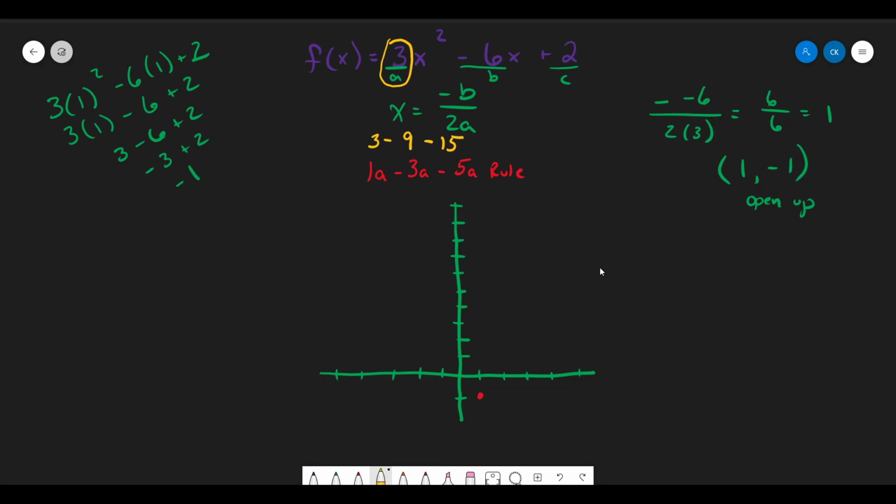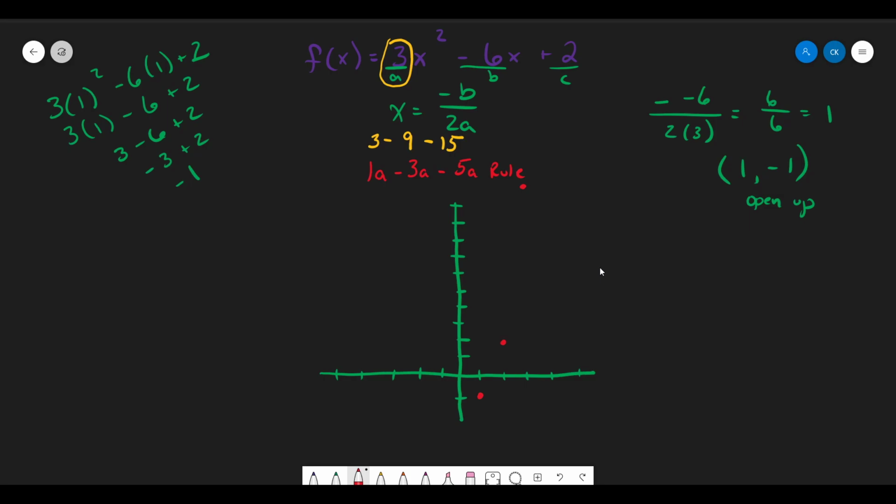So what that means is from my vertex, I will go over 1, up 3. Make a point. Over 1, up 9. Make a point. Now, obviously, I can't go over 1 and up 15 on this specific problem, but if I could, I would.